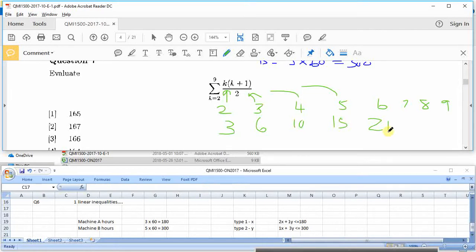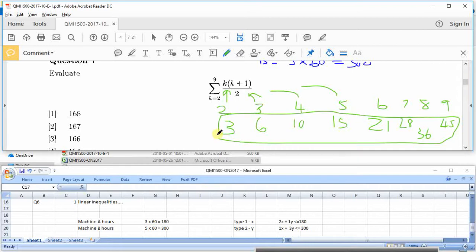7: 28. 8: 36. 9: 45. Now add all of those numbers up. 45 plus 36 plus 28 plus 21 plus 15 plus 10 plus 6 plus 3 equals 164.